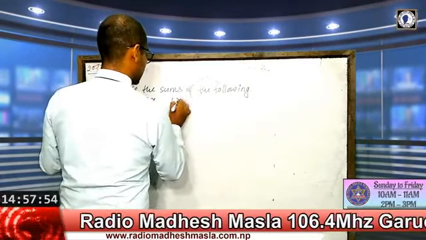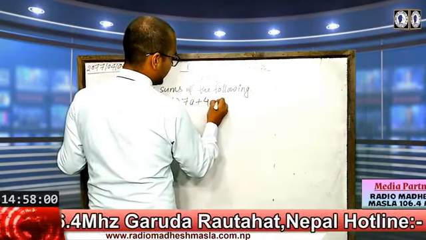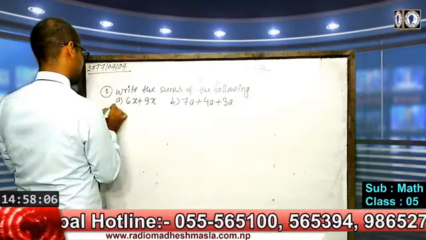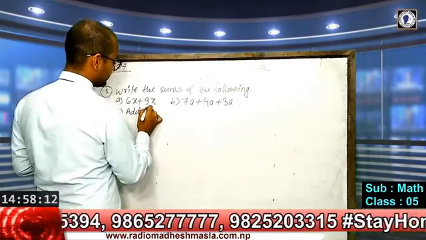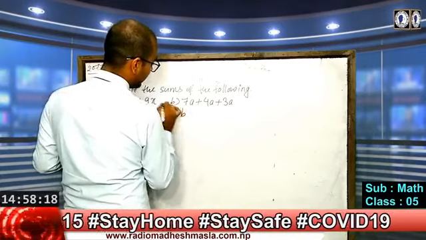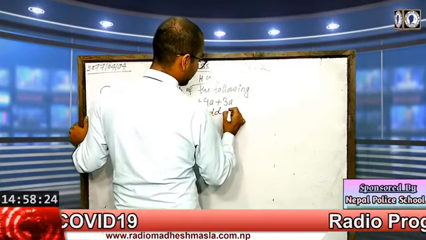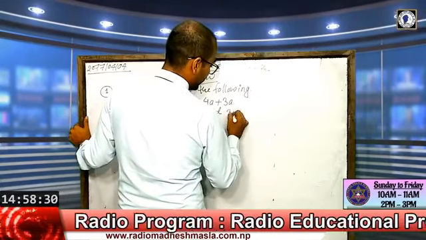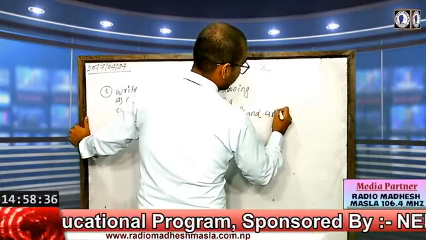Question number B, 7a plus 4a plus 3a. In the same way question number C, add 5b and 3b. Question number D, add 3m square and 4m square.